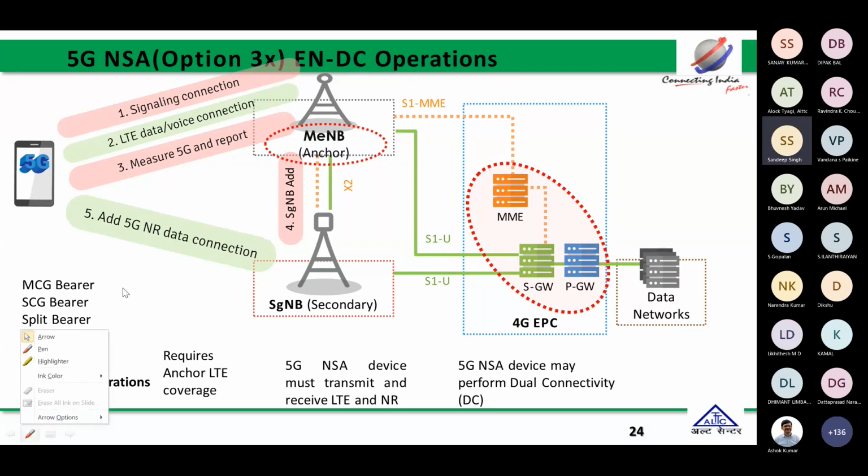When the data is actually transmitted, there is one more thing: the master eNodeB. That is the anchor, the 4G eNodeB, the 4G base station.